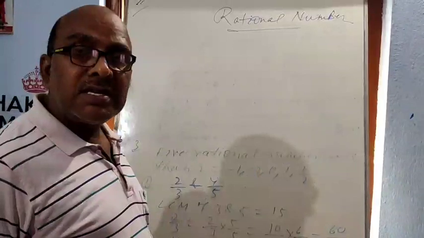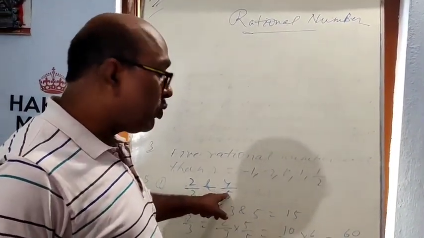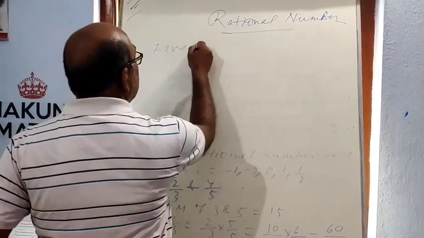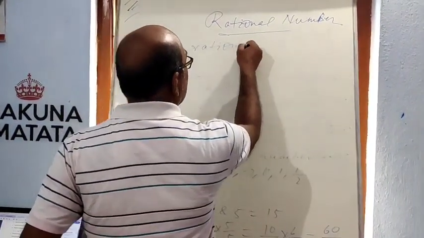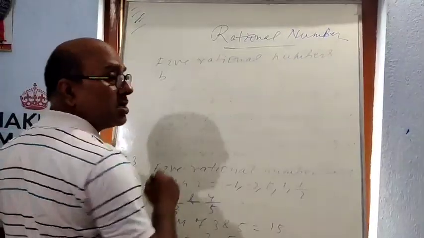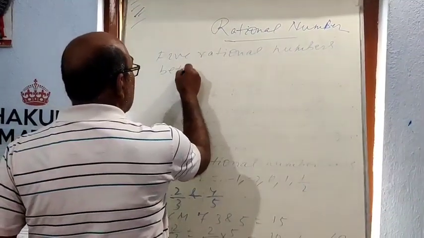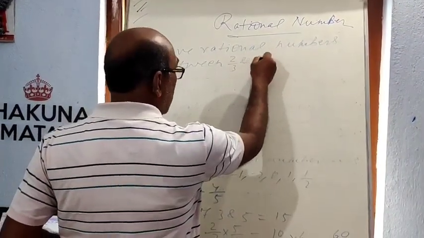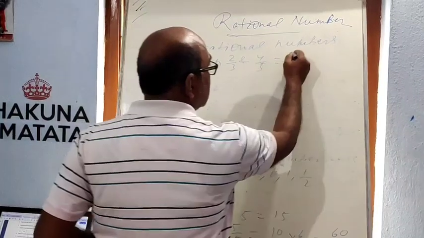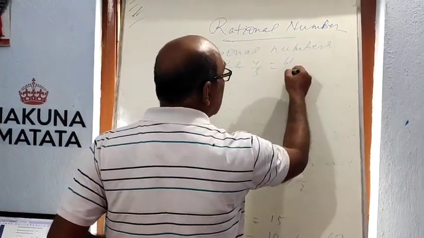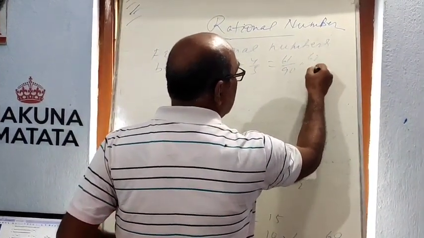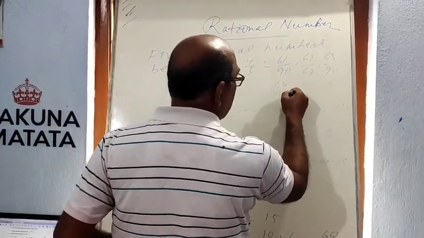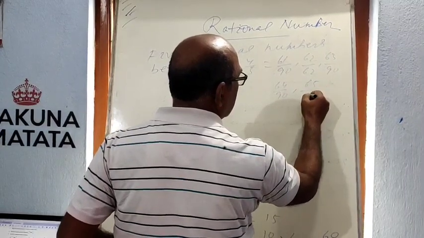Now we write 5 rational numbers between 2 by 3 and 4 by 5 equal to 61 by 90, 62 by 90, 63 by 90, 64 by 90, 65 by 90 and so on.